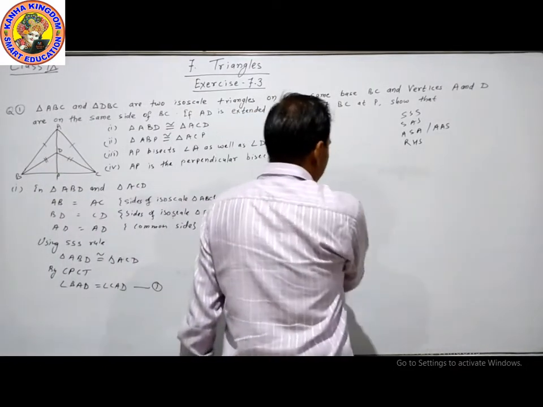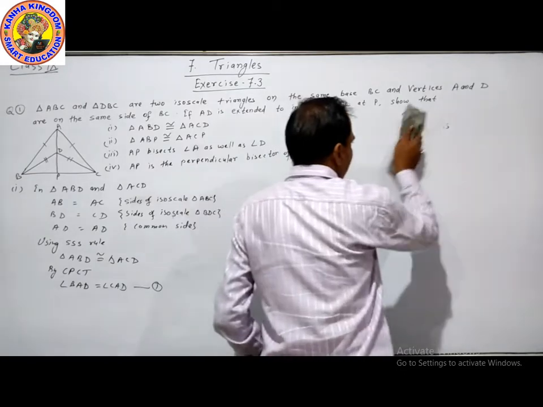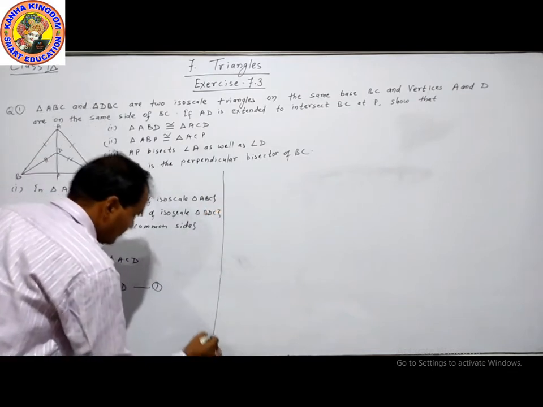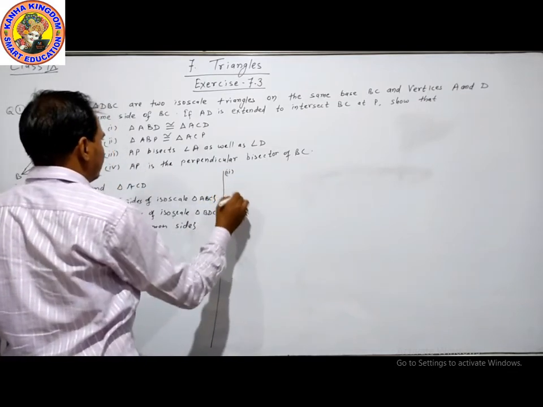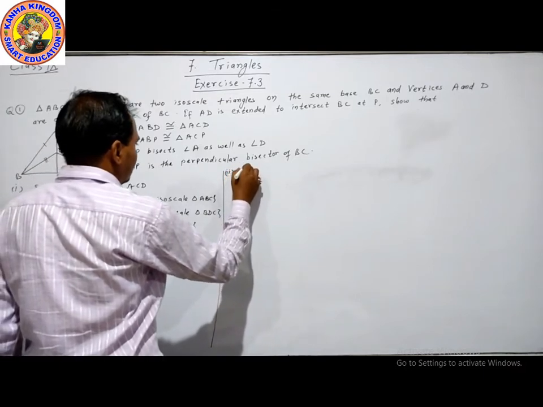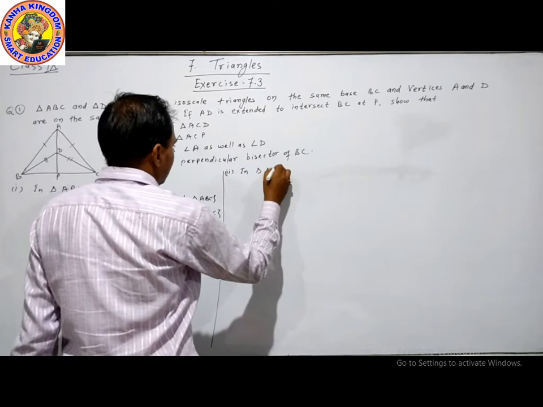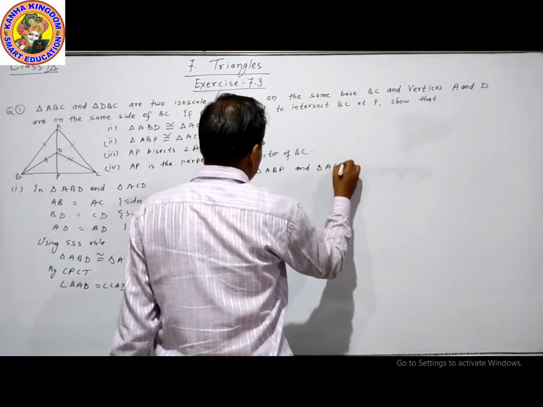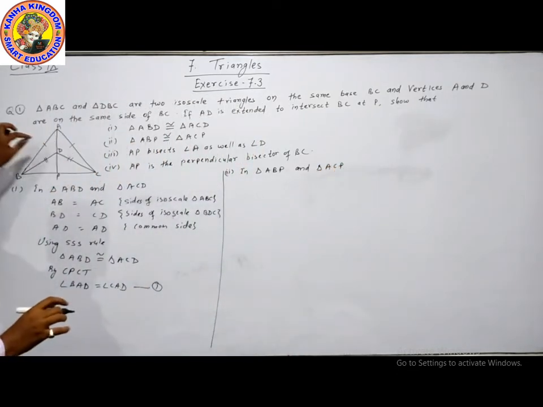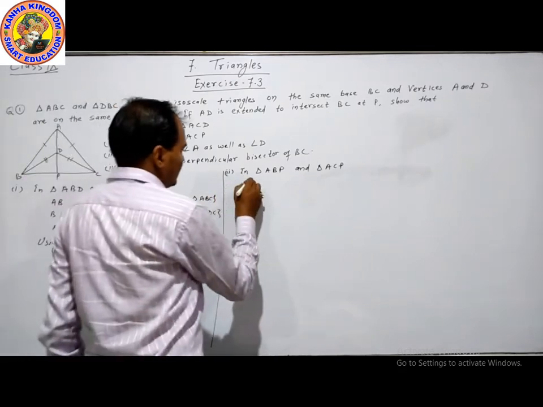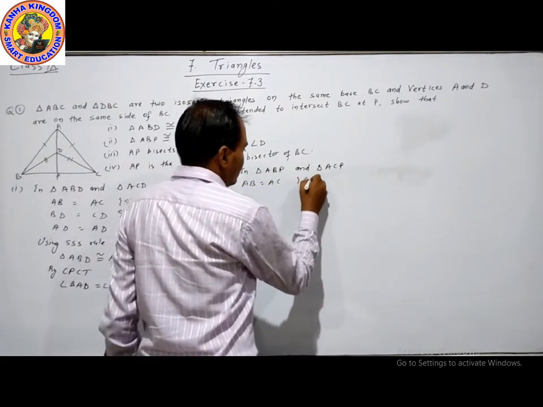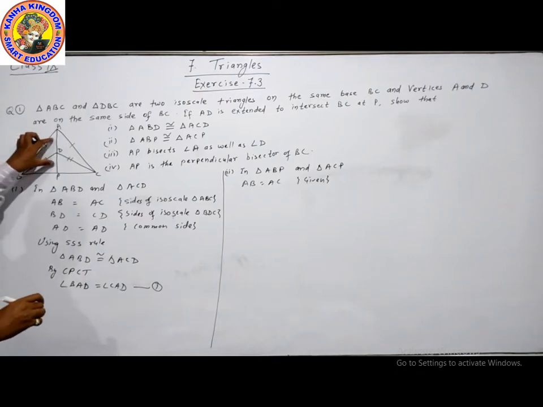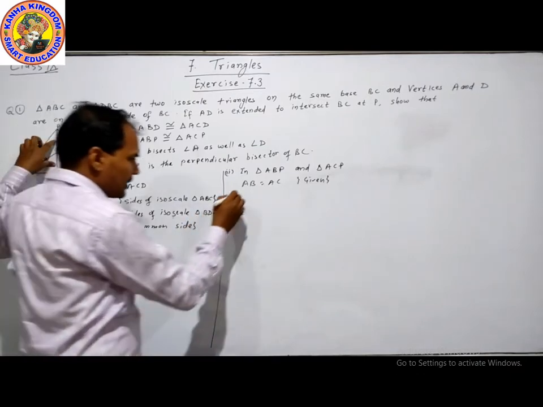Now taking our second question. In triangle ABP and triangle ACP, in this triangle and this triangle, AB is equal to AC, given.